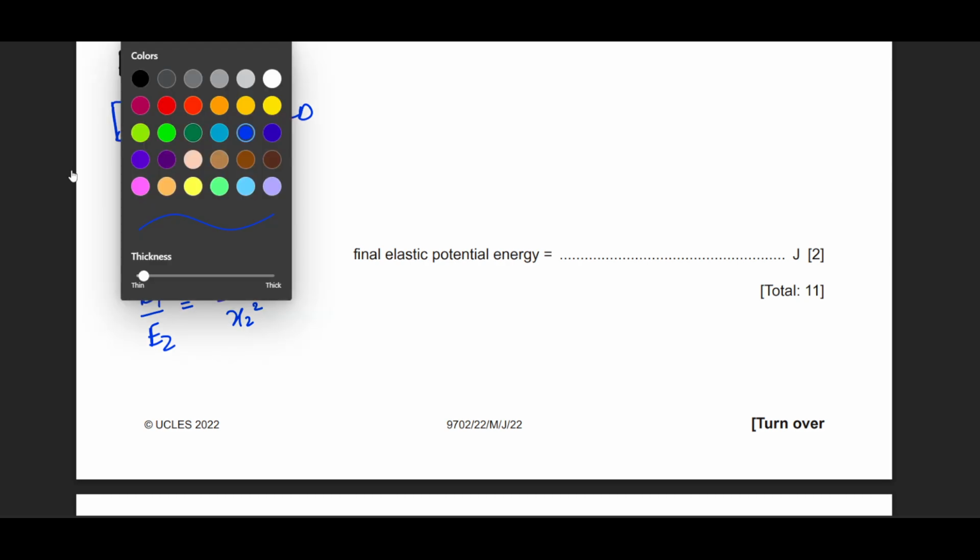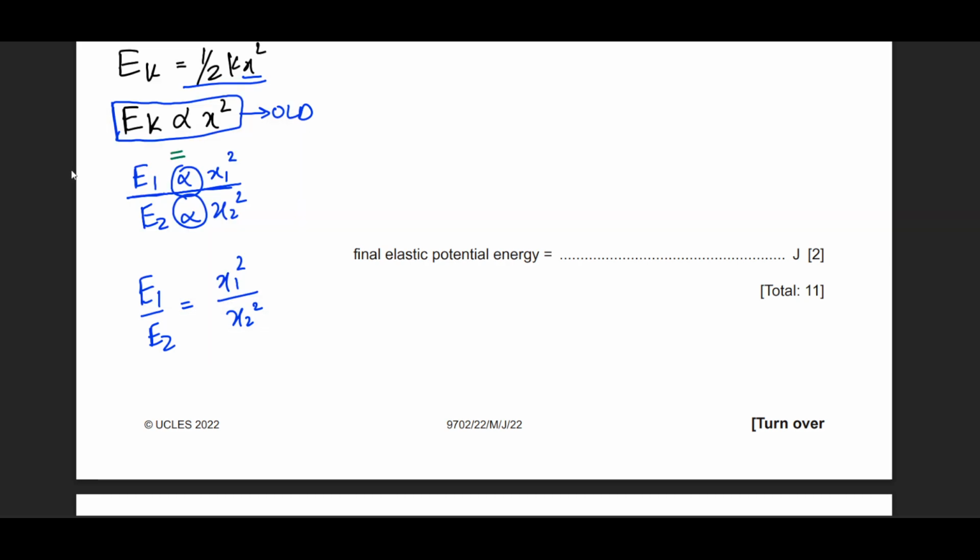Why? Because to convert a proportionality into an equality, you need a constant. And since you are comparing these two variables, the rest of everything would have been constant, so the constant cancels out and you're left with this comparison ratio equation. This is mathematics, not physics.